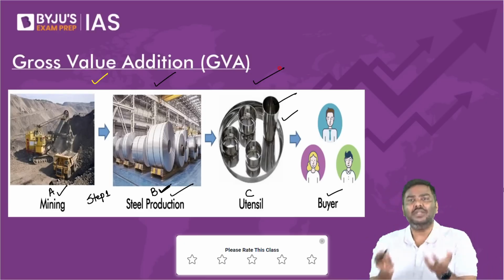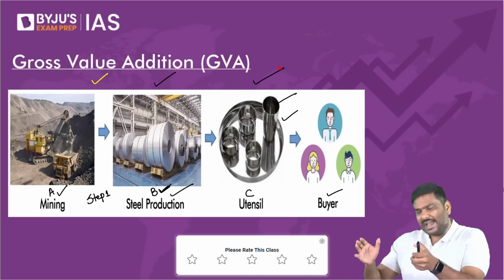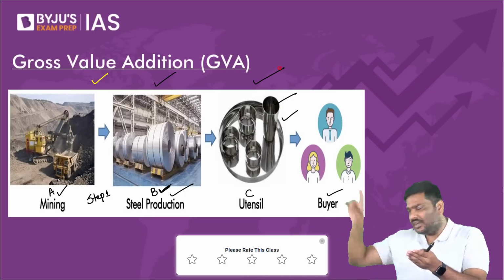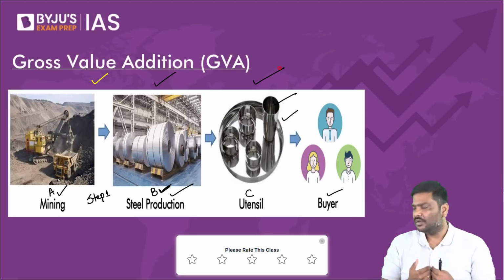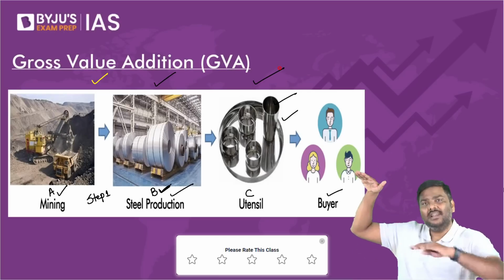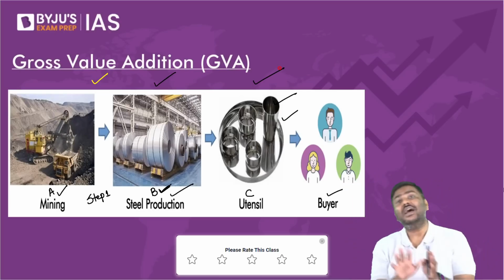Adding value means what? They are using something, producing and selling. But the argument is the market price at which they are selling is higher than whatever input they are using. The market price is greater than the value of the input. That is basically the argument of value addition.